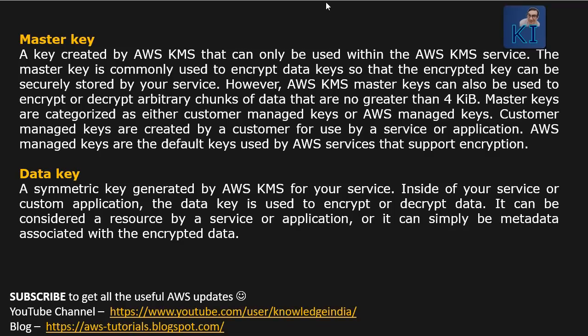You can go ahead and encrypt your EBS volume. While launching your AWS EC2 instance, on the storage step where you add EBS volumes, you have an option to check that this volume would be encrypted. When you say a volume would be encrypted, the data on that volume gets encrypted using a data key. Understand that, okay?